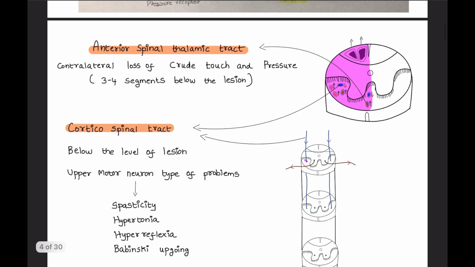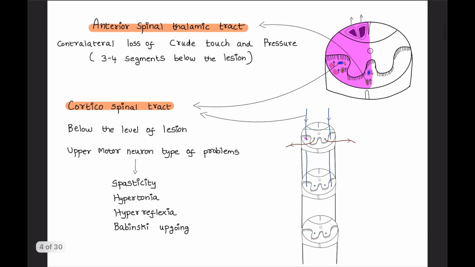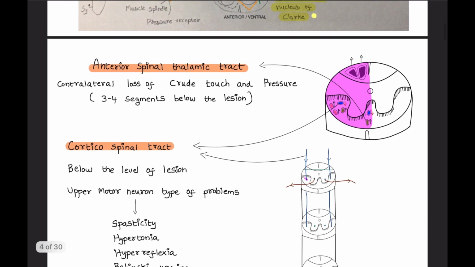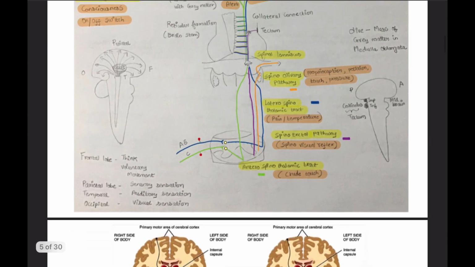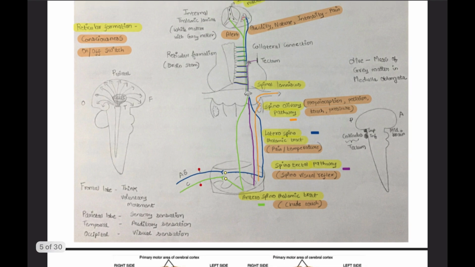Then anterior spinothalamic tract. Let us see the anterior spinothalamic tract. It is concerned with the function crude touch and pressure. So anterior spinothalamic tract enters the spinal cord, it crosses, it goes to the anterior side and then moves upwards. So the same goes for anterior spinothalamic tract.